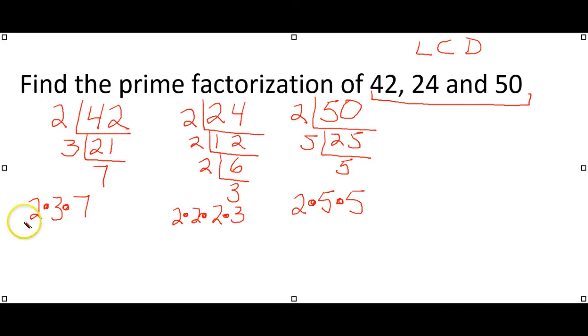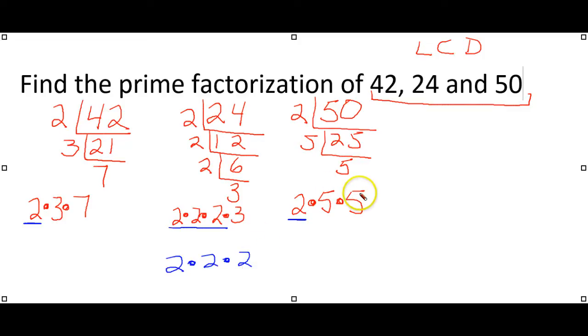Well, here we have a 2 used once. Here we have a 2 used 3 times. And here we have a 2 used once. So what is the greatest number of times that the 2 is used in any one factorization? So it's 3 times. So I need a 2 times 2 times 2.